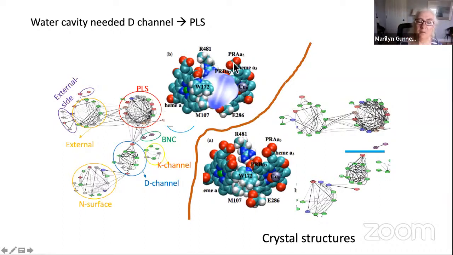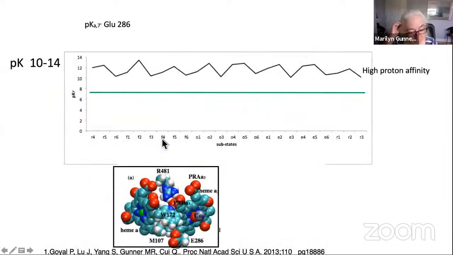When we put a proton about 15 angstroms away from that glutamic acid, on that propionic acid, suddenly a hydrogen bond breaks up here, water comes in, and now you see a connection. So this is a proposed gate, and I've tried to do some experiments to find it, but have not had much luck yet. This is, again, the closed system, and that glutamic acid is in a very dry neighborhood, not near any other ionizable or polar amino acids, and it holds on to its proton very strongly.